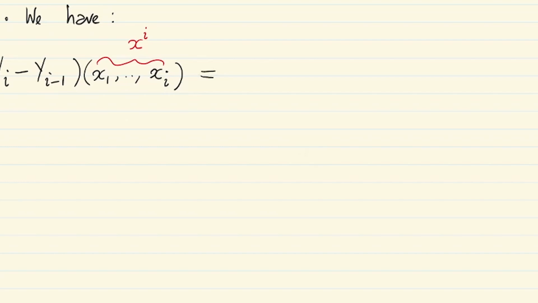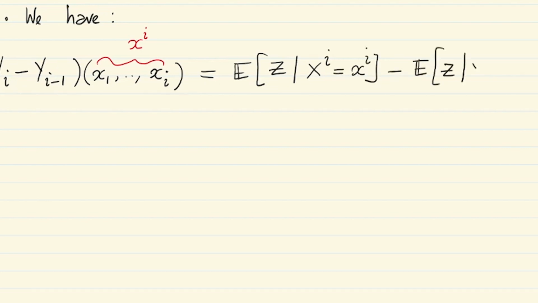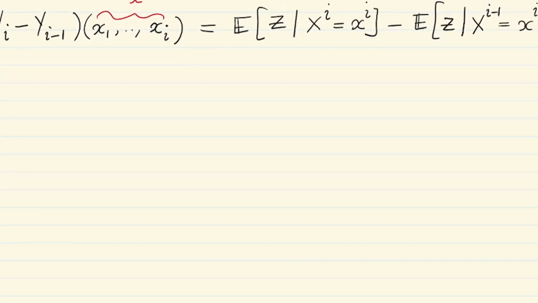So this by definition is the expected value of Z, which is f of all the x's. So let's just say Z given big Xi equal to the configuration small xi, minus the expected value of Z given that the first i minus 1 random variables take the specific values small x superscript i minus 1. Okay, so we are trying to express the difference Yi minus Yi minus 1 in terms of the outcome x1 through xi.